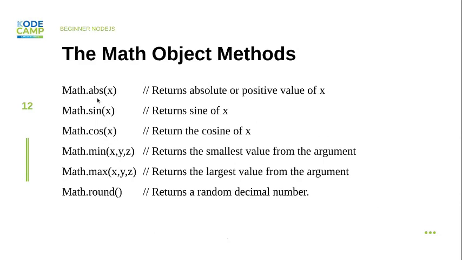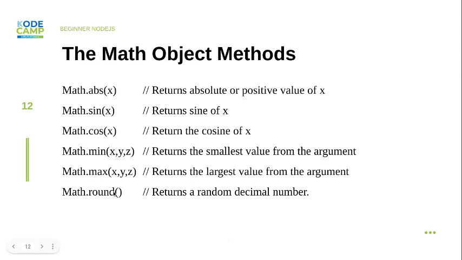But here in math.abs, if you pass in 3.142, it's going to return 3.142. If you pass in -3.142, it's going to return back 3.142, right? So the absolute is like saying the positive value of what you're trying to do. Okay, right? So let's move on.